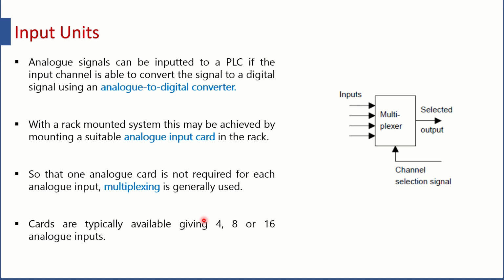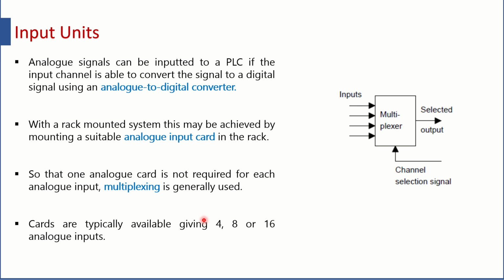Now you see, with a rack mounted system, you can have an analog input card inserted into the rack. If you have a rack mounted PLC, it is very easy, because analog input modules, analog input output modules, which are called AIO modules, are available separately from any manufacturer for that particular PLC.